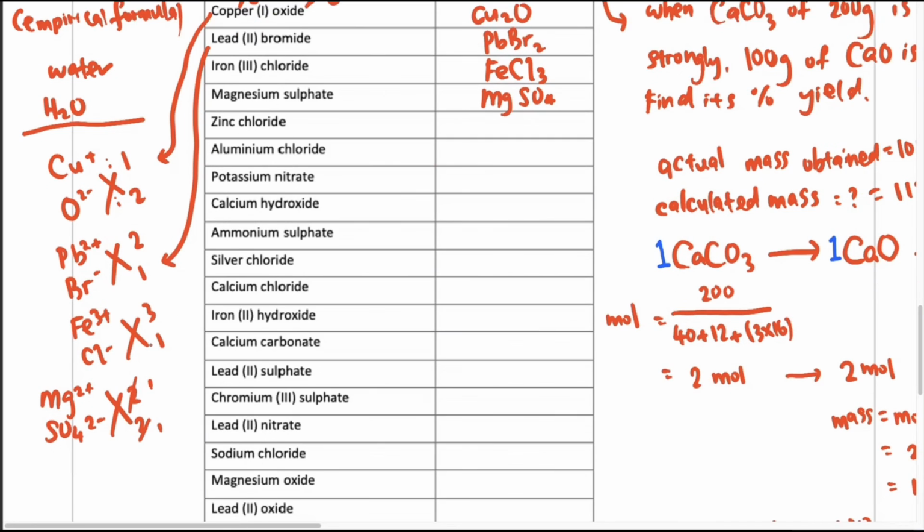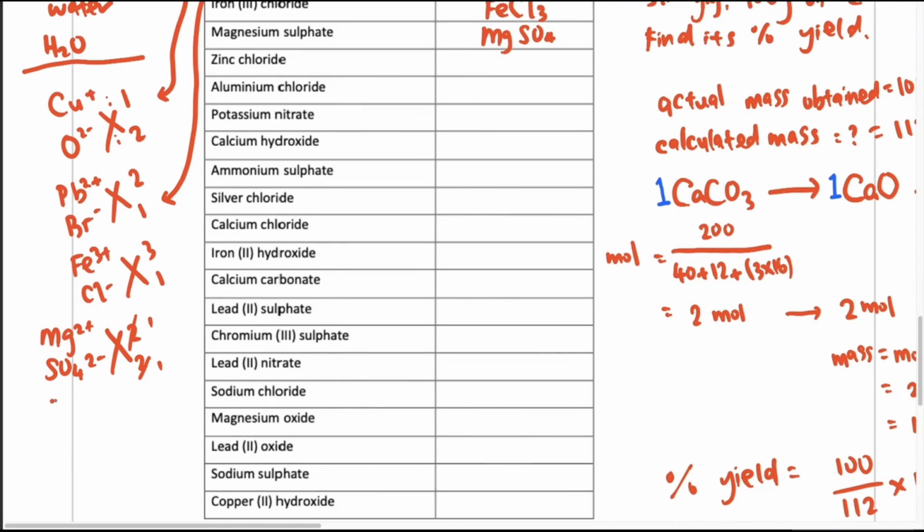Then we have zinc chloride. Zinc 2 plus and Cl negative. So we look at the number only. 2, 1, exchange. So zinc take 1, Cl take 2. So ZnCl2.